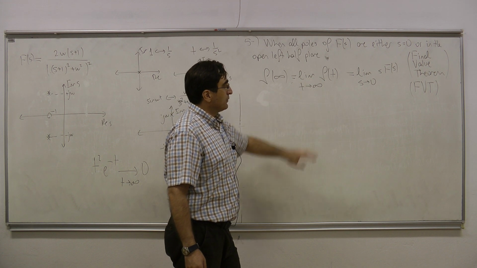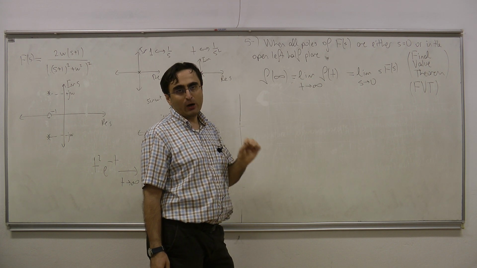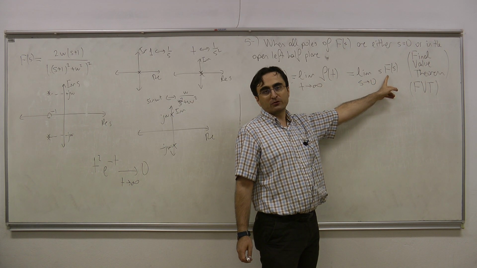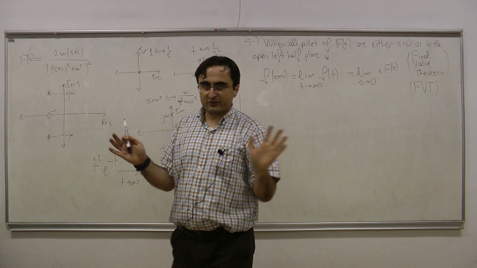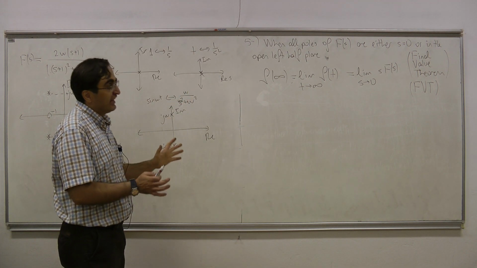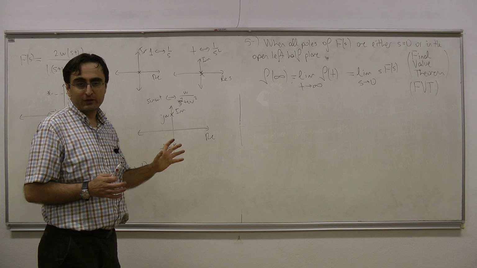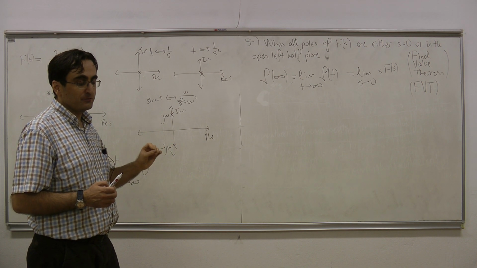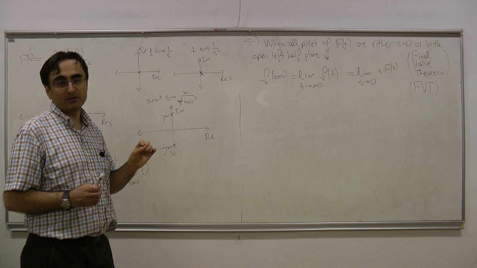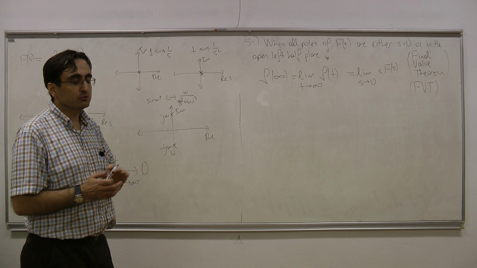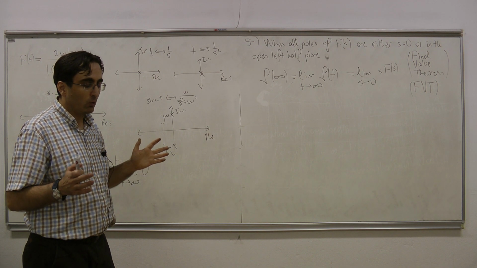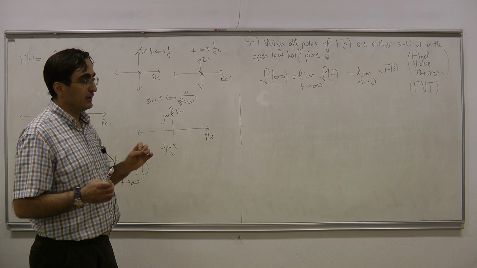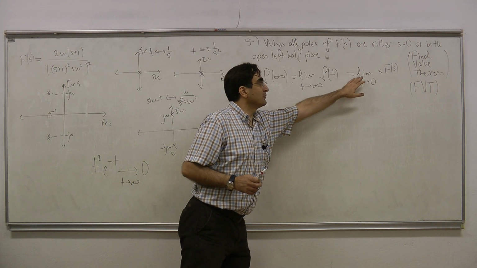This final value can be found by looking at the Laplace transformation of the function. If you don't know the function itself, if you know only its Laplace transformation, without knowing f of t, if you know only capital F of s, then you can find the final value of that function using just such a limit.